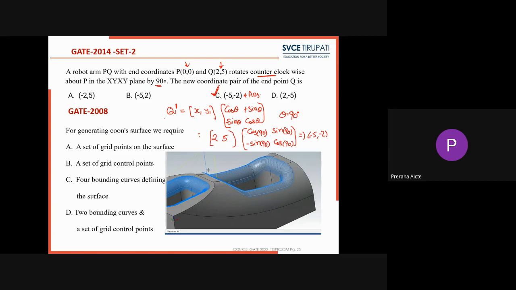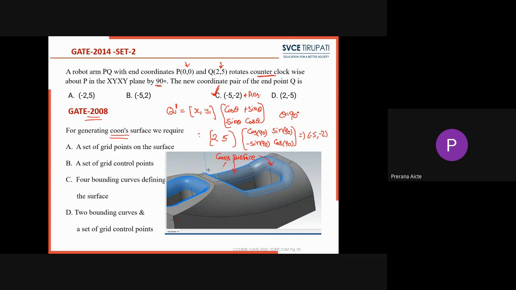Okay, next. Now we go for some more bits, up to GATE 2008. For generating a cone surface, we require dash. What is a cone surface? A cone surface is nothing but this type of patch. This area is known as a cone surface.